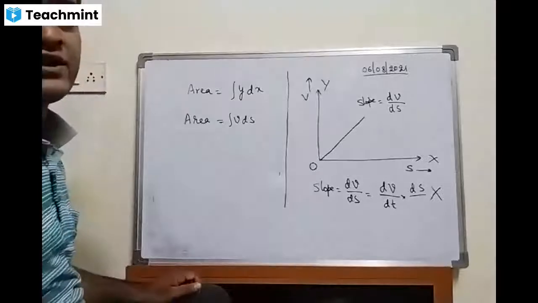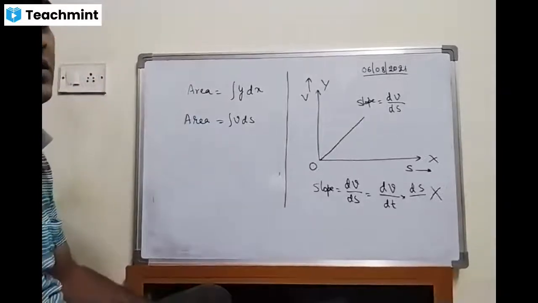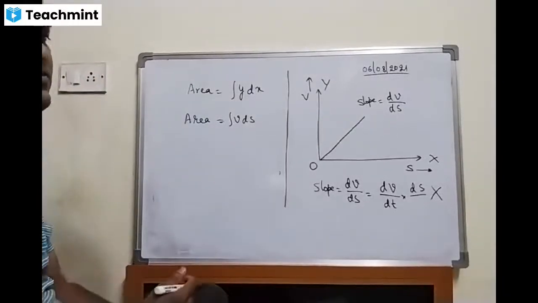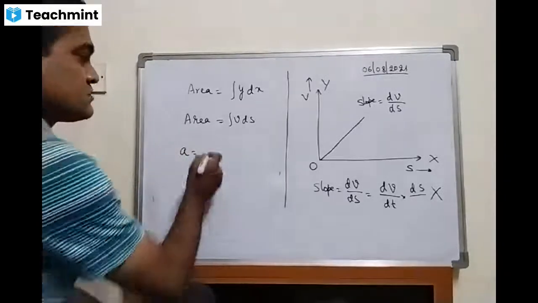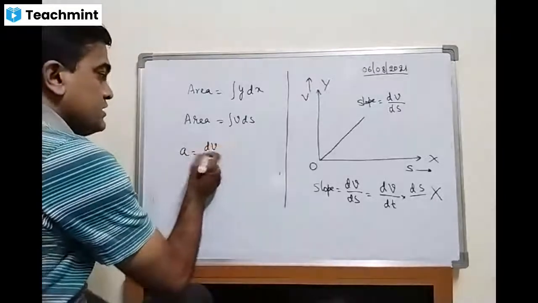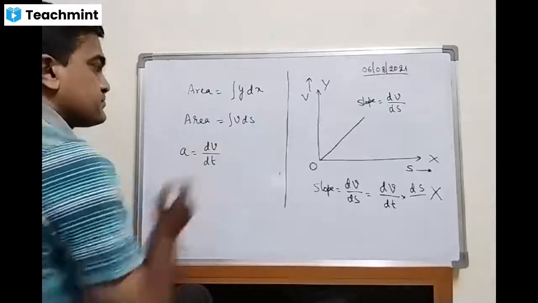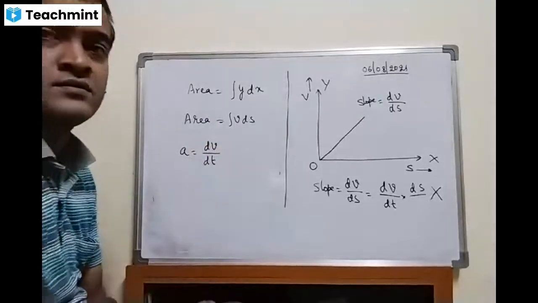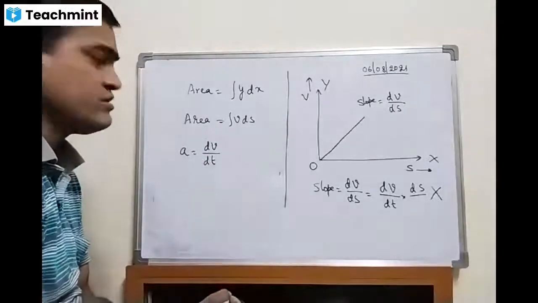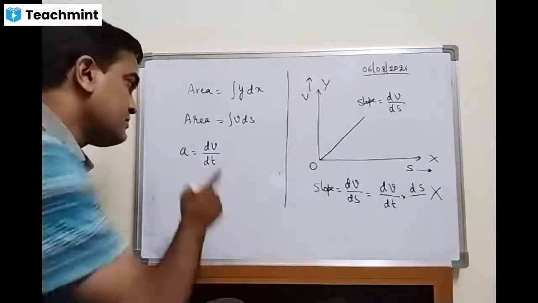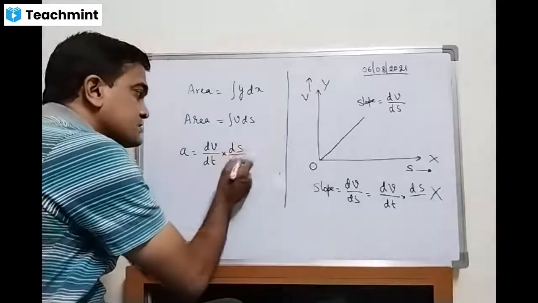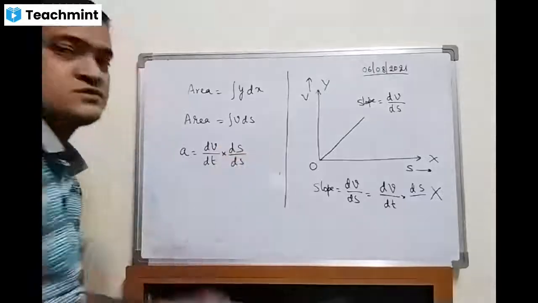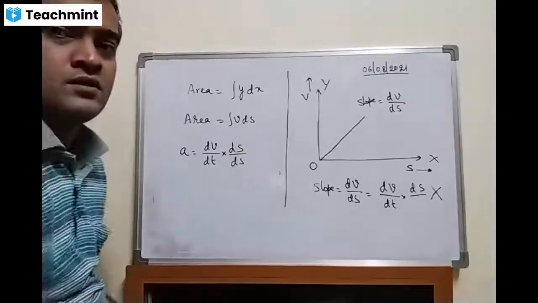Let us try to find out the area for this. Now, can I write acceleration as this? Acceleration is nothing but dv by dt. Now, can I multiply and divide with ds?